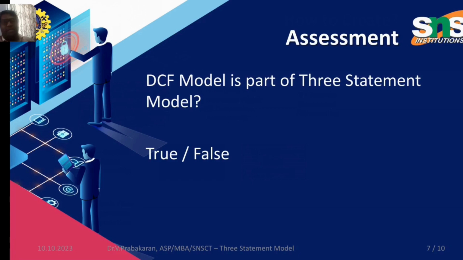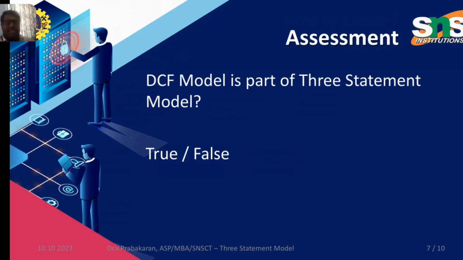The first one is a question to you. The DCF model is part of a 3-statement model. DCF model is nothing but the discounted cash flow model. Is it part of a 3-statement model? What is your opinion? Is it true or not? Based on your answers, I can get a judgment on whether people have understood or not.